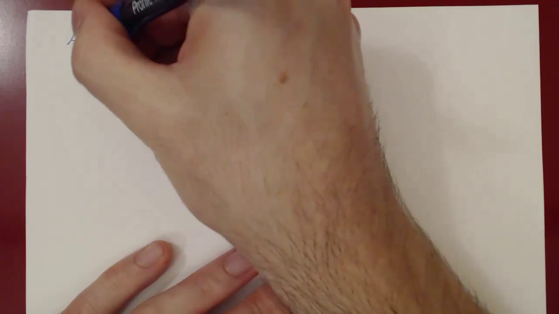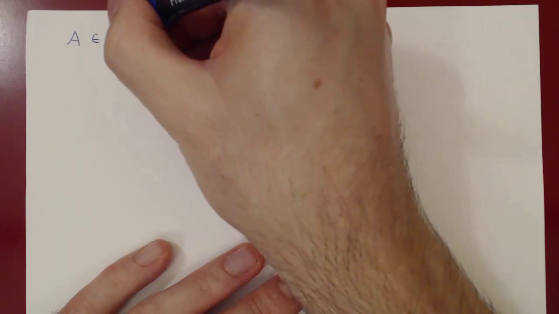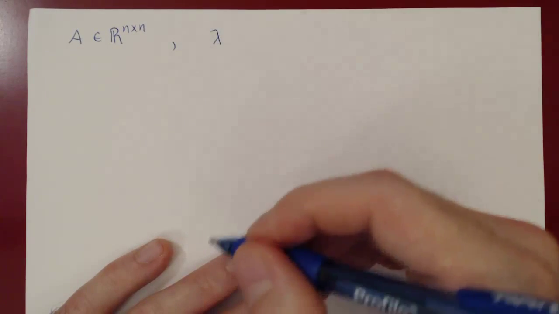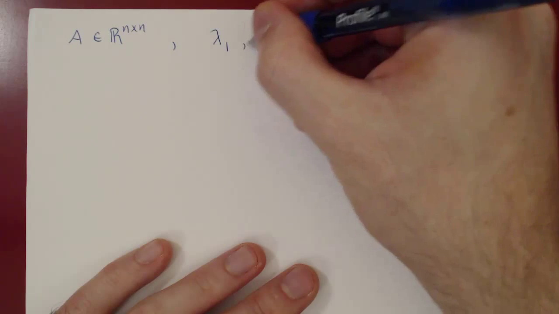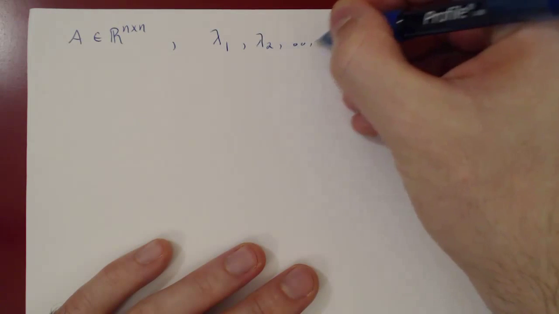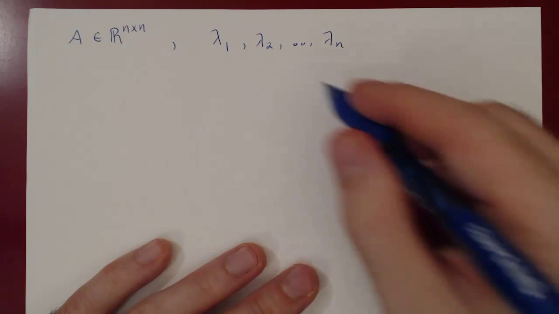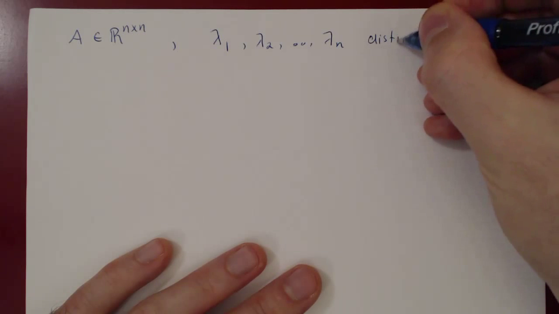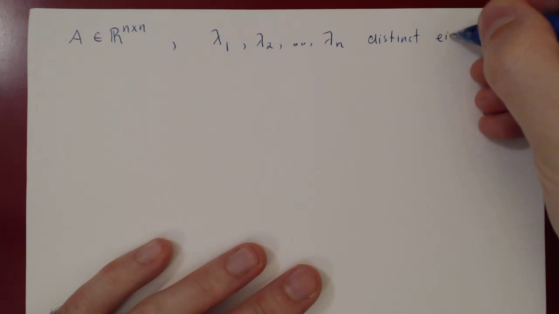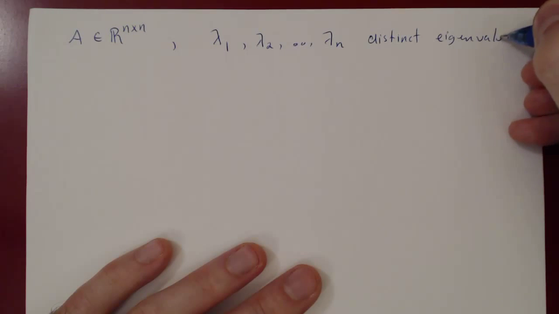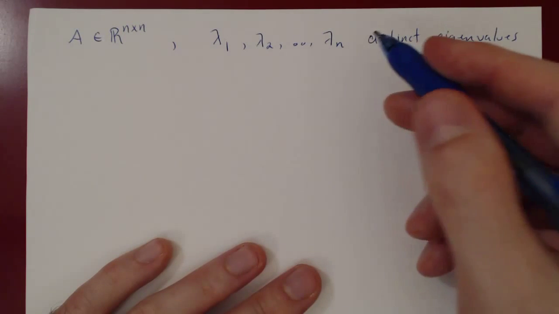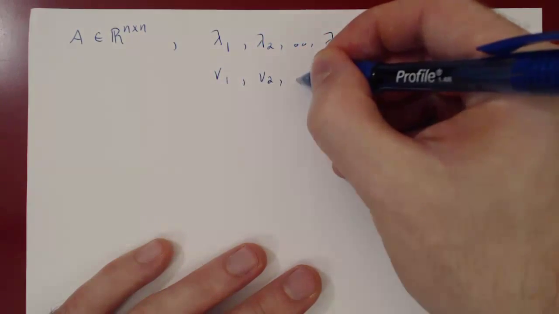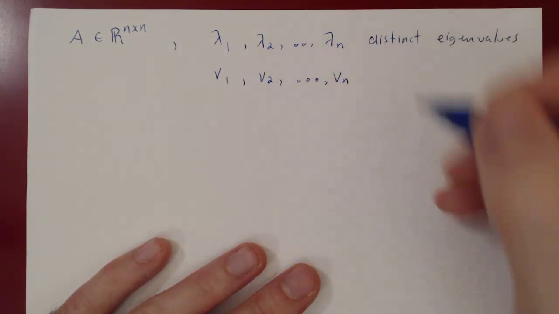So suppose we have n distinct eigenvalues, lambda 1, lambda 2, up to lambda n. And for each eigenvalue, of course, we find the corresponding eigenvectors: v1 for lambda 1, v2 for lambda 2, up to vn for lambda n.